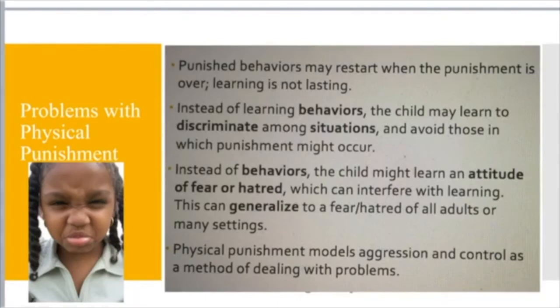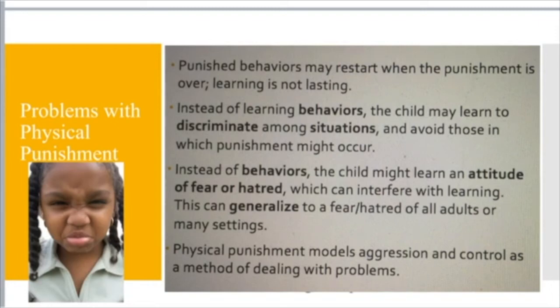In that scenario, instead of learning behaviors, the child may learn to discriminate among situations and avoid those in which punishment might occur. Again, a tantrum at home may get them spanked. A tantrum out in public, maybe mom and dad don't want to show that they spank their child in public. So maybe your child is more likely to have a temper tantrum in public because they know that you won't react with some sort of physical punishment.